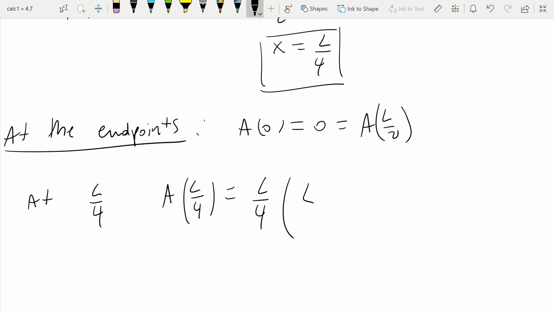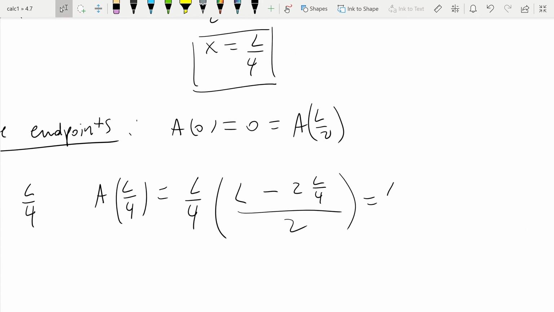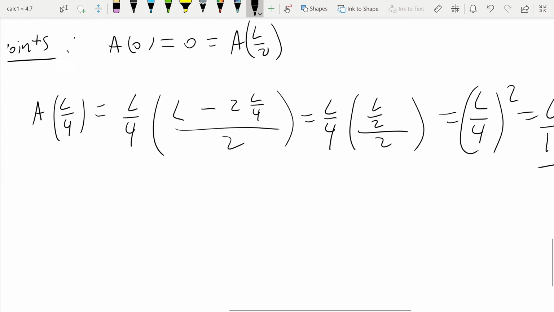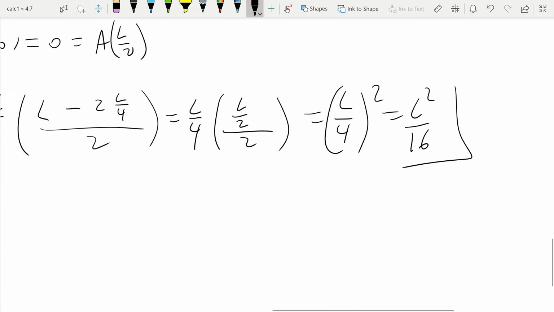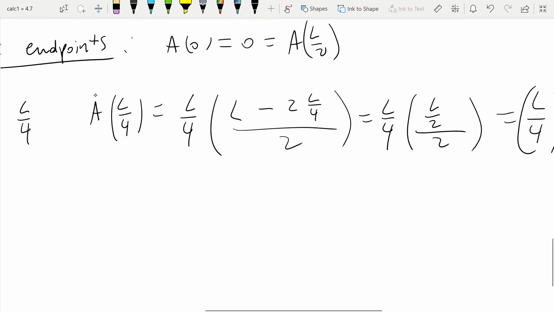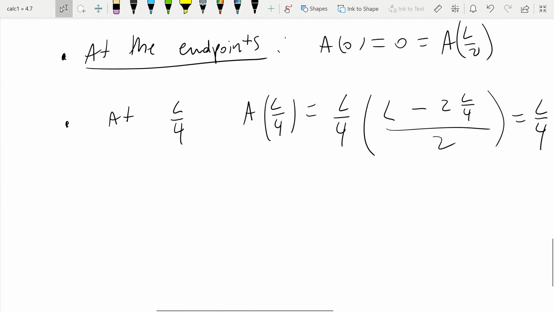L over 4 times (L minus 2 times L over 4), all of that divided by 2, and this is equal to L over 4 times L over 2 divided by 2, which becomes L over 4 squared, or if you want, L squared over 16. Which again, this is a positive number, so it's clearly greater than what happens at the endpoints.